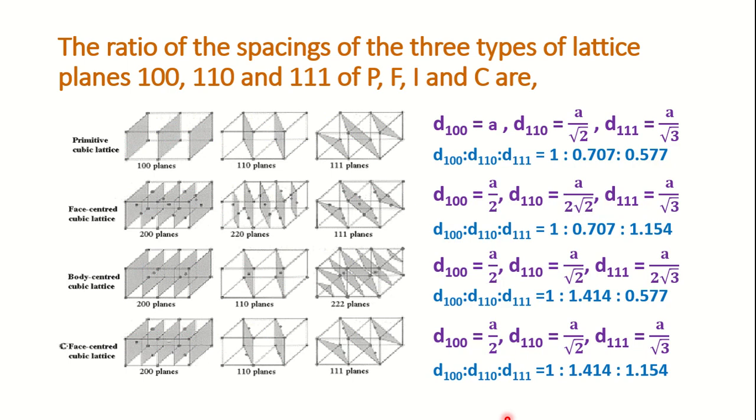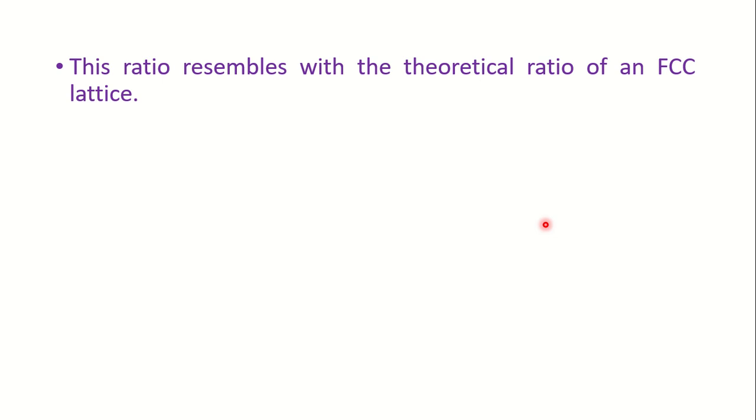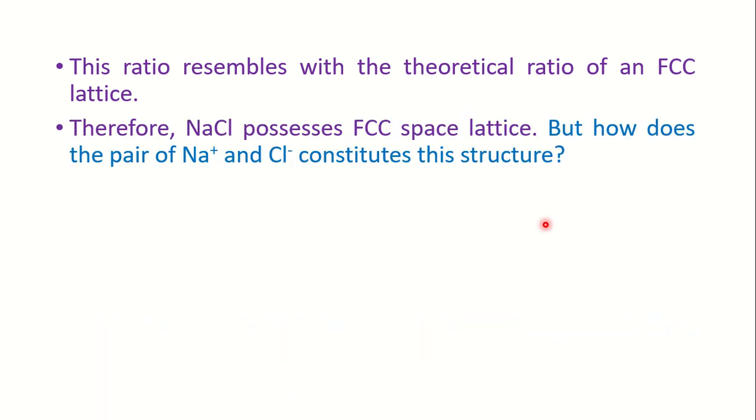Look at this. Here it resembles this one: 1 is to 0.707 is to 1.154. This ratio resembles the theoretical ratio of a face-centered cubic lattice. Therefore, sodium chloride possesses a face-centered cubic space lattice.